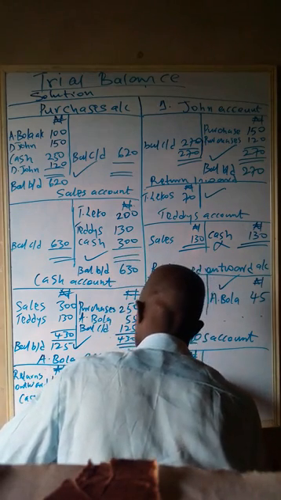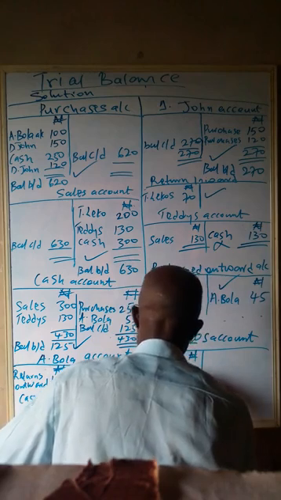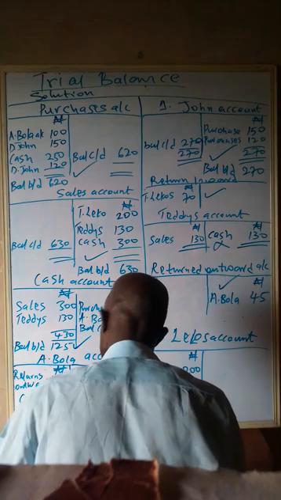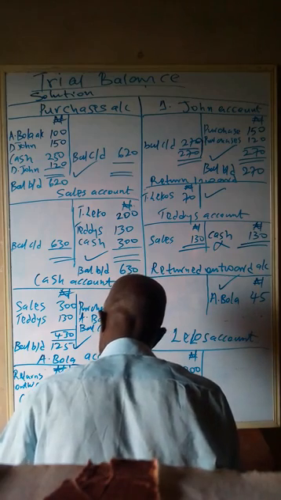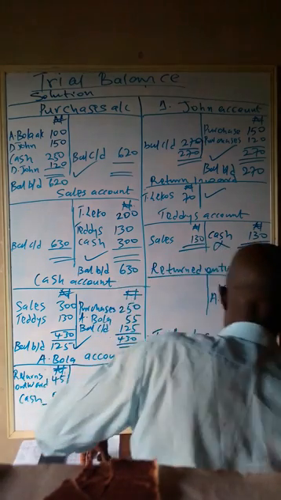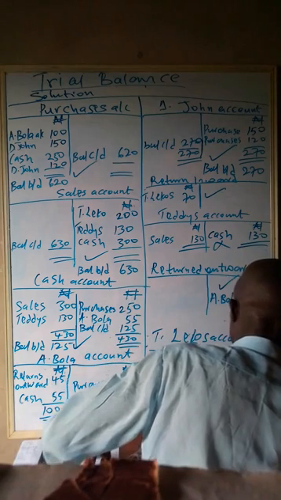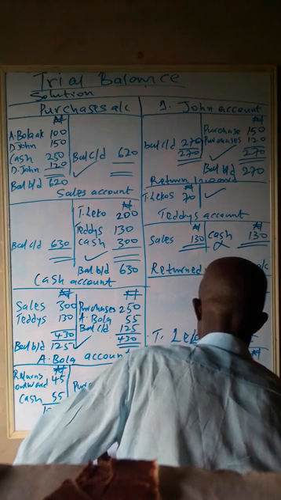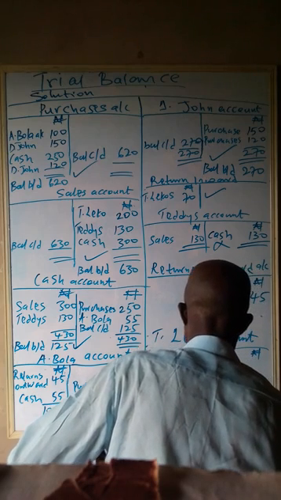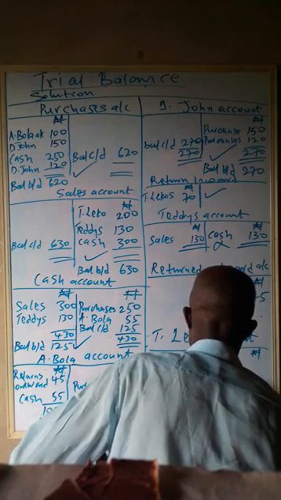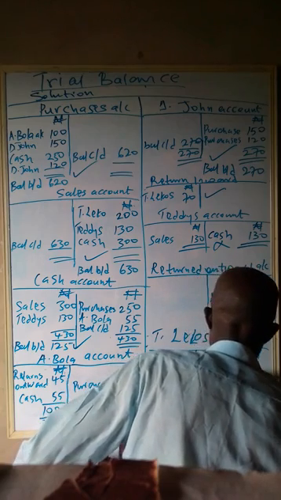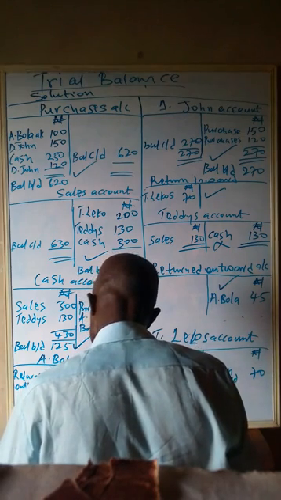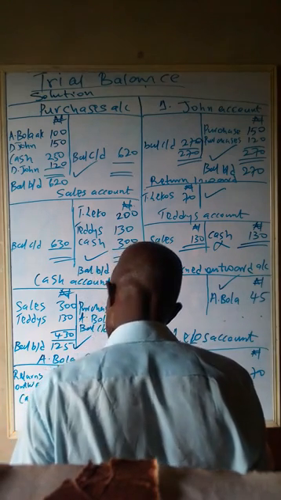How much? 200 naira. That is sales account. Another, T liquors returned goods. That's a return inwards account, 70 naira. There's no other T liquors transaction.